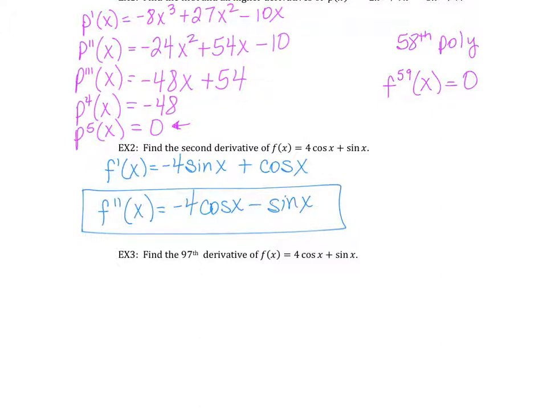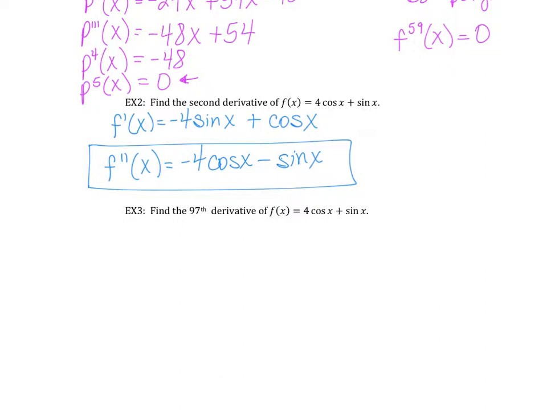After the 48 hours, they were saying something about the 26th derivative. So there must have been a question like this, and here's the deal. If they ask you beyond like the third derivative and really even just the second derivative, there's got to be something. They do not expect you to do this 97 times. So let's see what's going on. This is going to end up being a cycle.